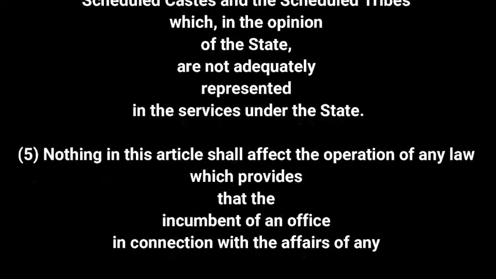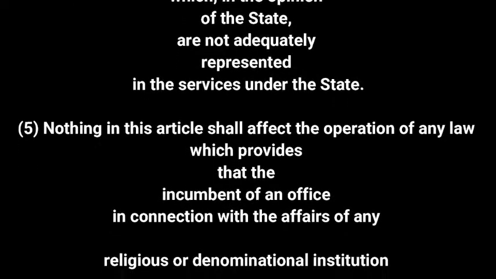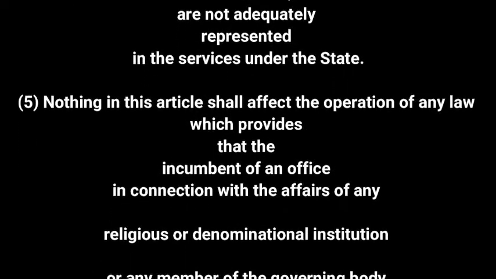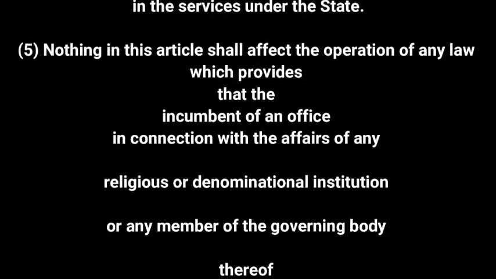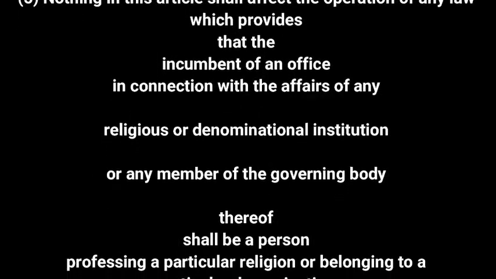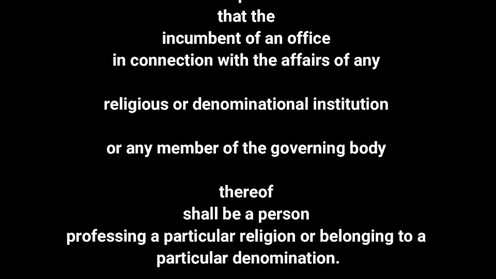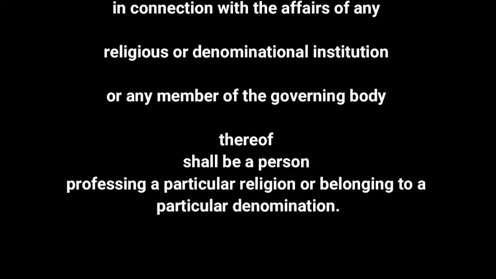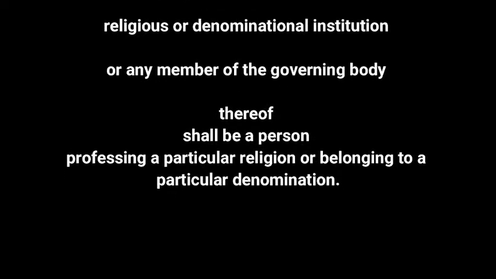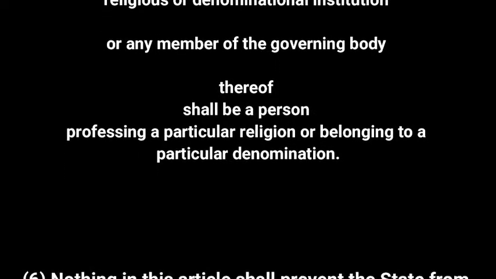Nothing in this article shall affect the operation of any law, which provides, that the incumbent of an office in connection with the affairs of any religious or denominational institution, or any member of the governing body thereof, shall be a person professing a particular religion or belonging to a particular denomination.